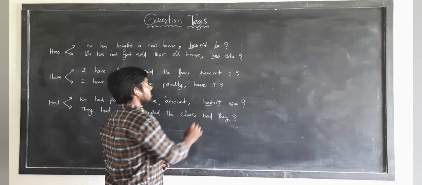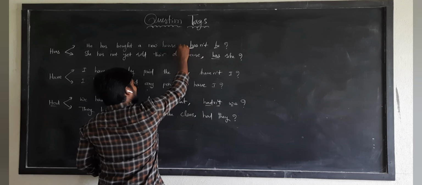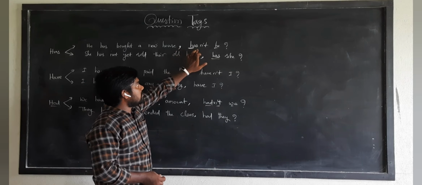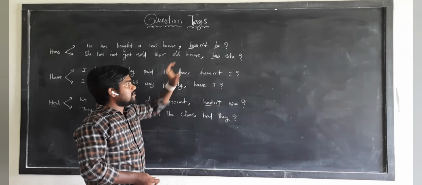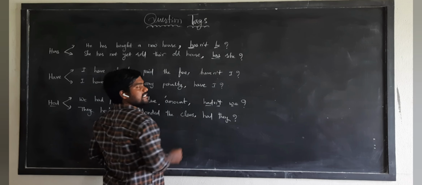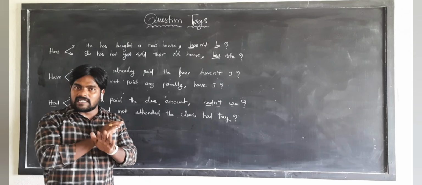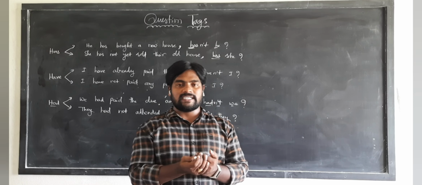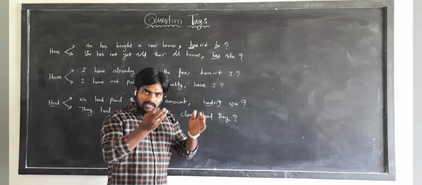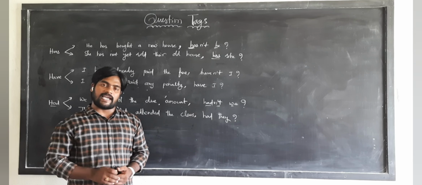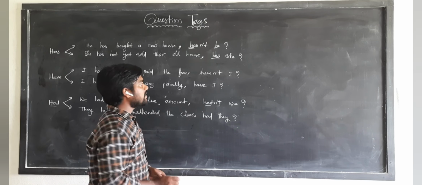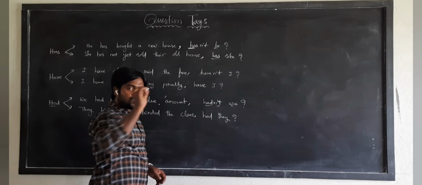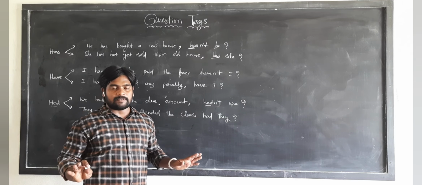The second rule is, after every statement there is a comma, and next only the tag. Because the tag doesn't stand by itself, there is a statement before every tag. The statement is followed by a tag compulsorily. And the final rule is, the tag should start with a small letter, not a capital letter at all.